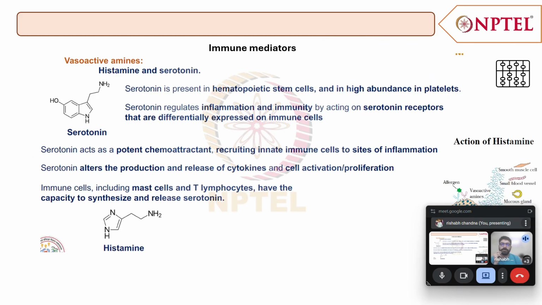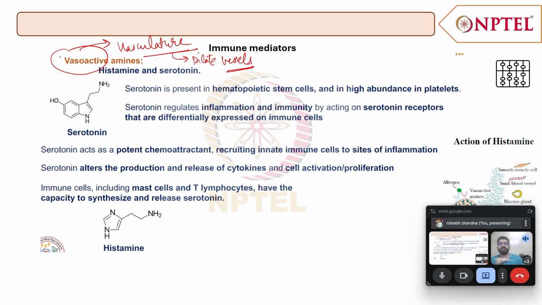Okay, so let's move on. Now we are moving on to the immune mediators. There are some more molecules that are involved for the immune function to happen, that are the immune mediators. So we have the first class, that is vasoactive amines. Vasoactive means that they are involved in the vasculature, or they dilate the vessels.